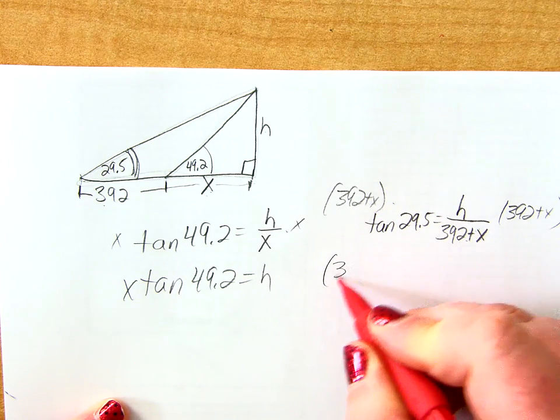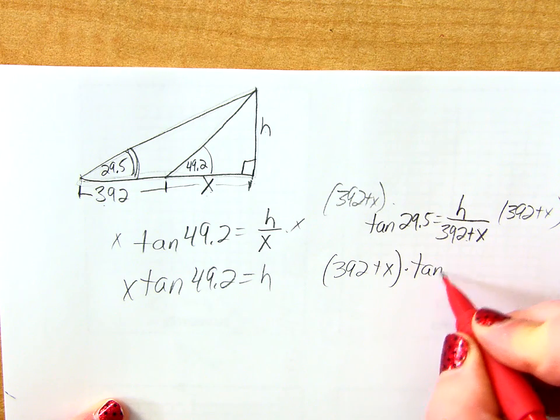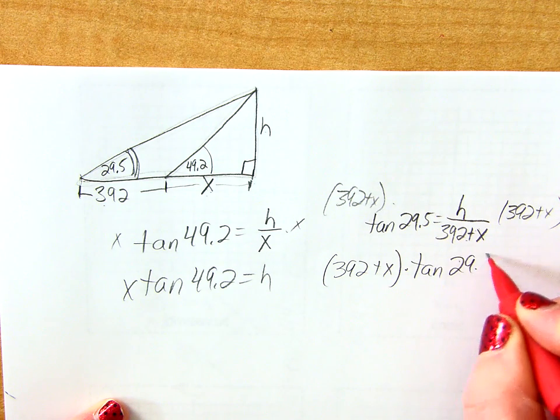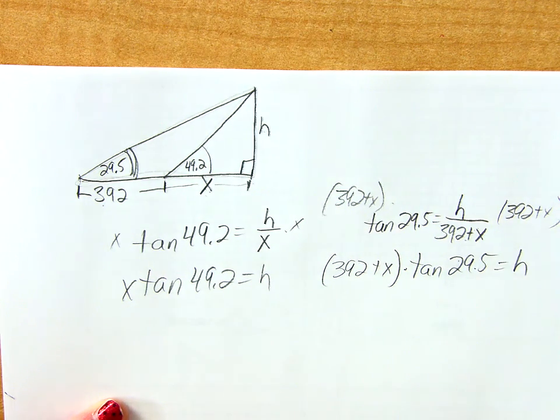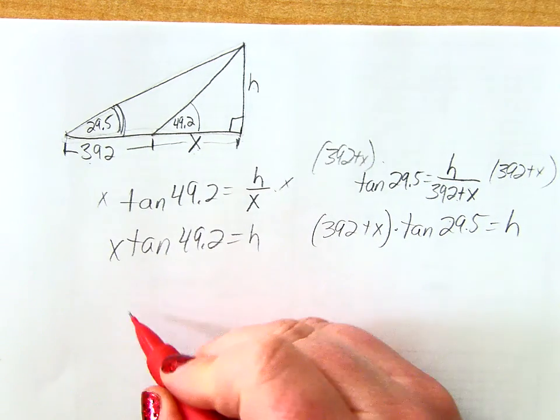So now I have 392 plus x times tangent of 29.5 equal to h. They're both equal to h now. So the next step is to set them equal to each other. Exactly.